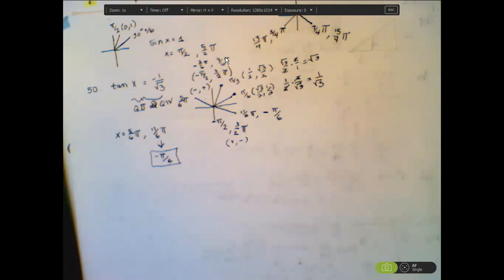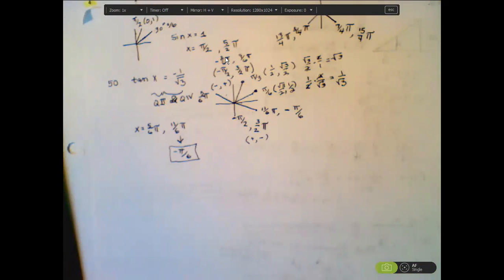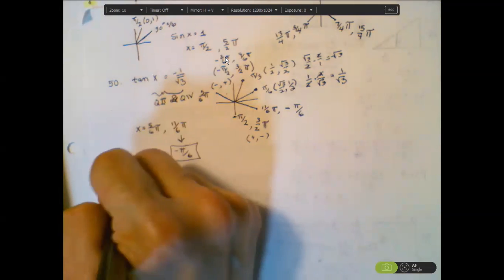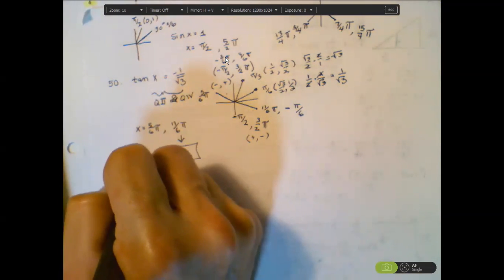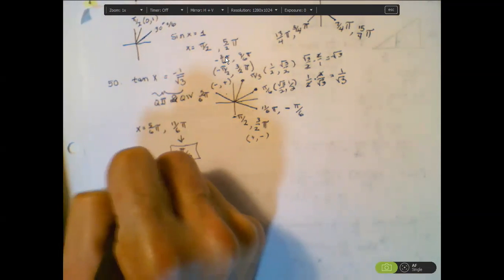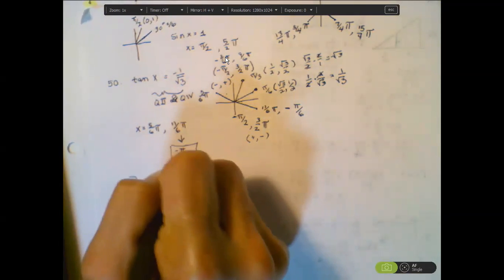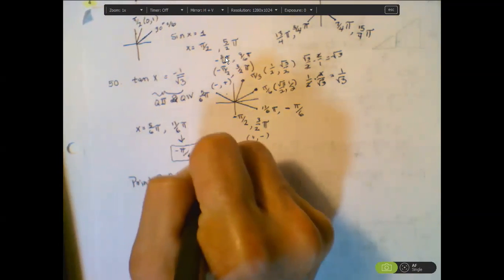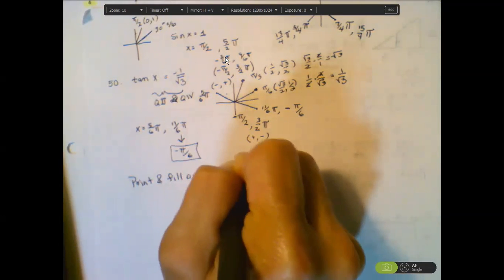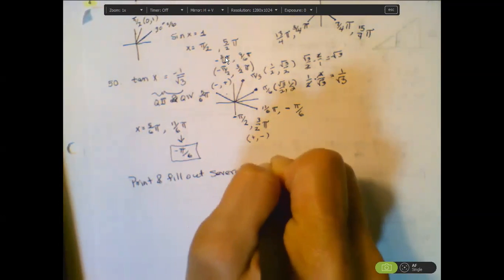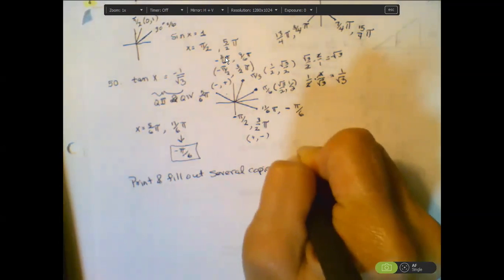So what I was saying a minute ago is either y'all are sleepy or quiet or not quite as comfortable with the unit circle as you need to be. And that makes sense. You've only been looking at it a week. But things that you can do this weekend to help are print and fill out several copies of the unit circle.